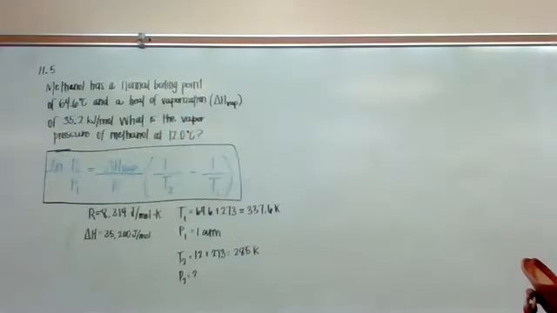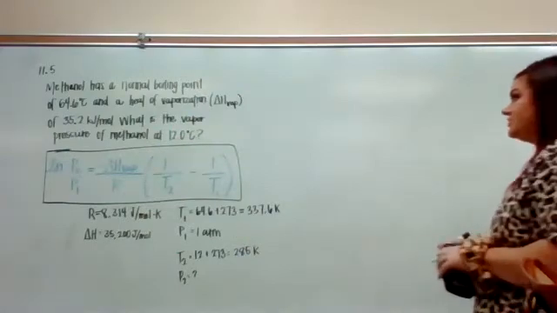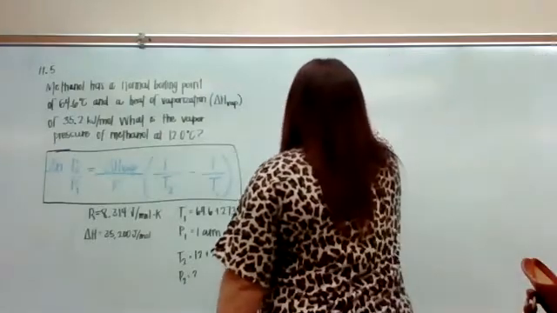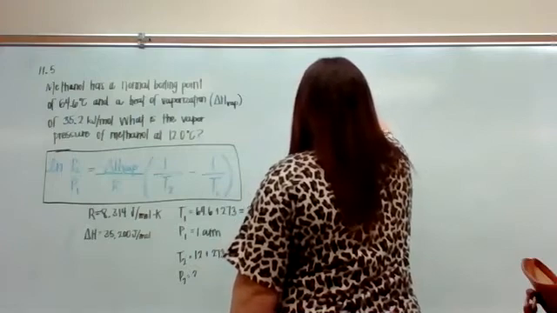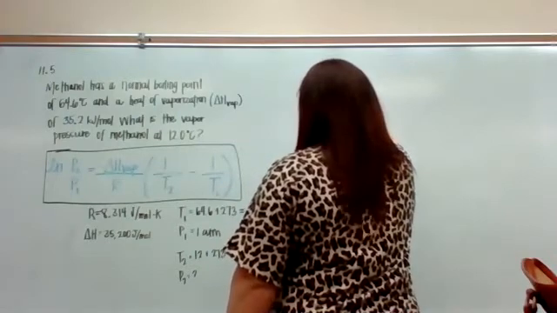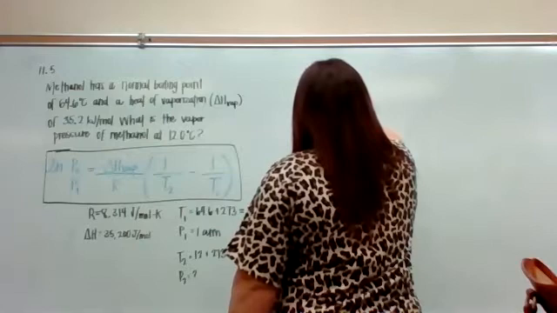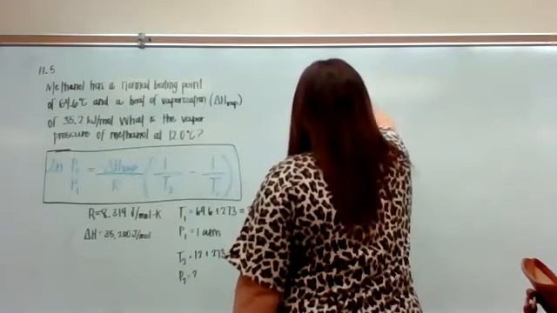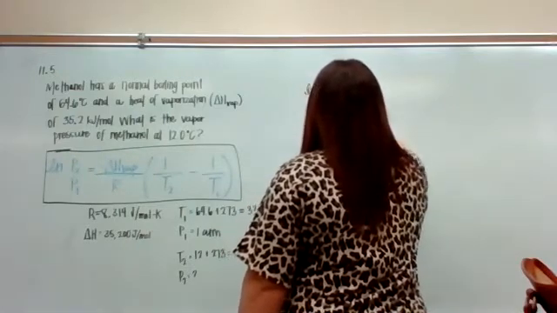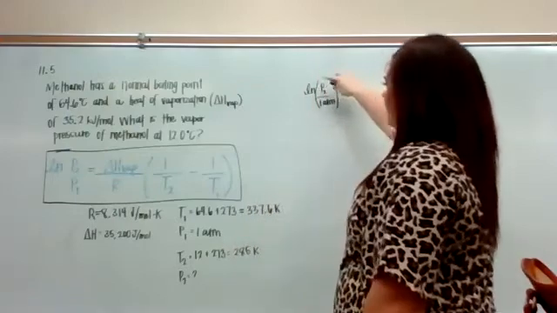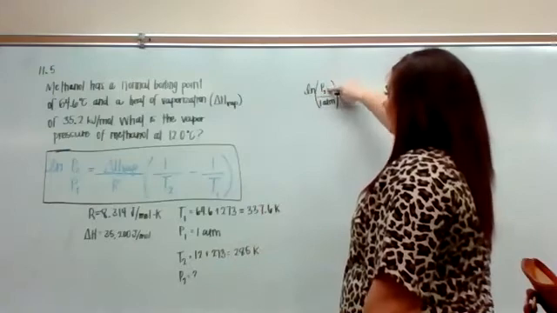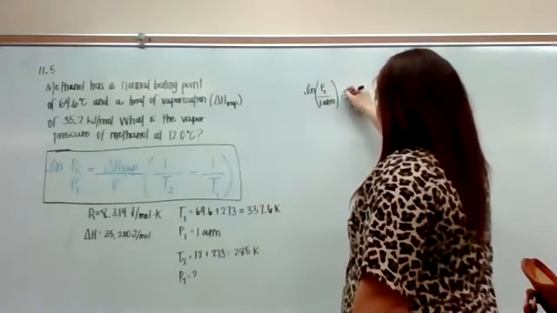All right, now let's plug all those into our equation. P2 is what we're looking for. P1 is just 1 atmosphere. Remember, you can't do any simplification here because P2 is unknown.